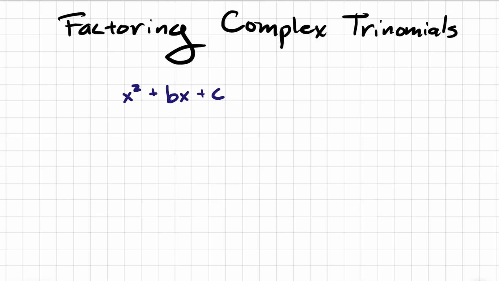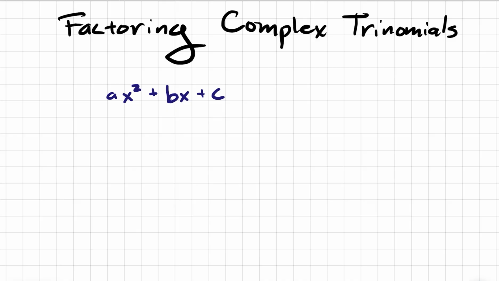But a lot of times, a is not 1. So it's going to be a little bit different. We're going to do some things similar to factoring a simple trinomial, but also some different things when it is a complex trinomial.